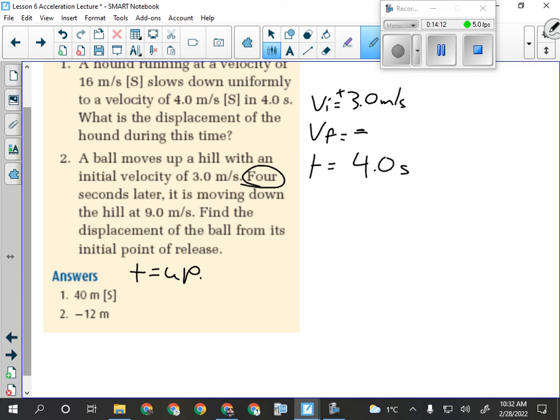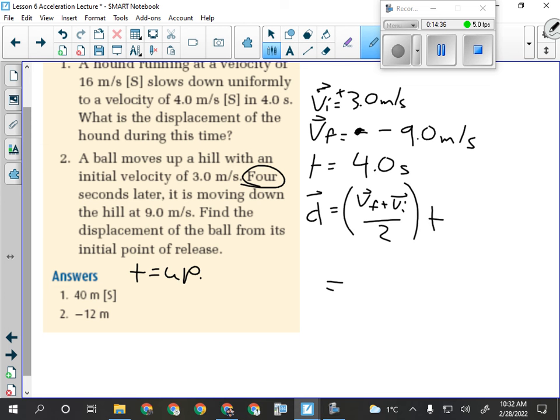Okay, it's moving down the hill at 9 meters per second, so VF will be negative 9.0 meters per second. Find the displacement of the ball from its point of release. So D will equal (VF plus VI) over 2 times T. That'll be negative 9 plus 3 over 2 times 4 seconds.